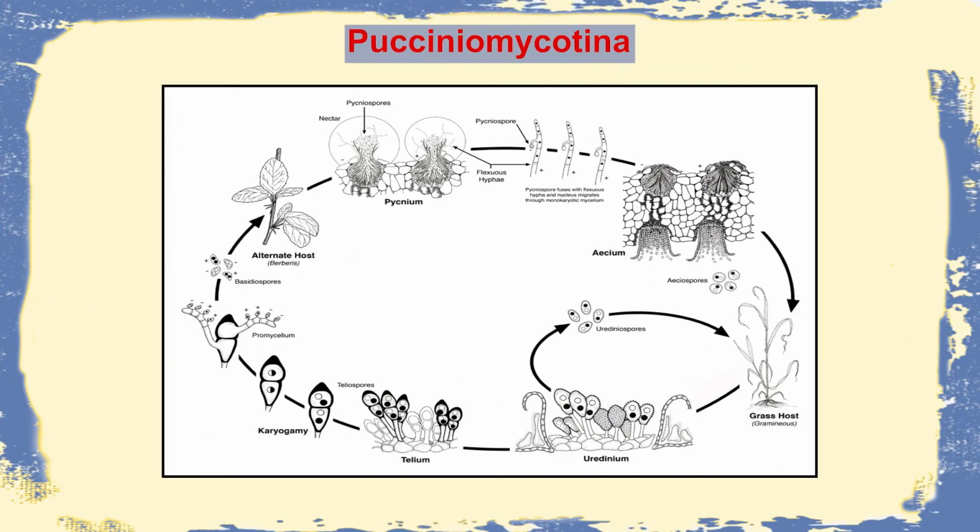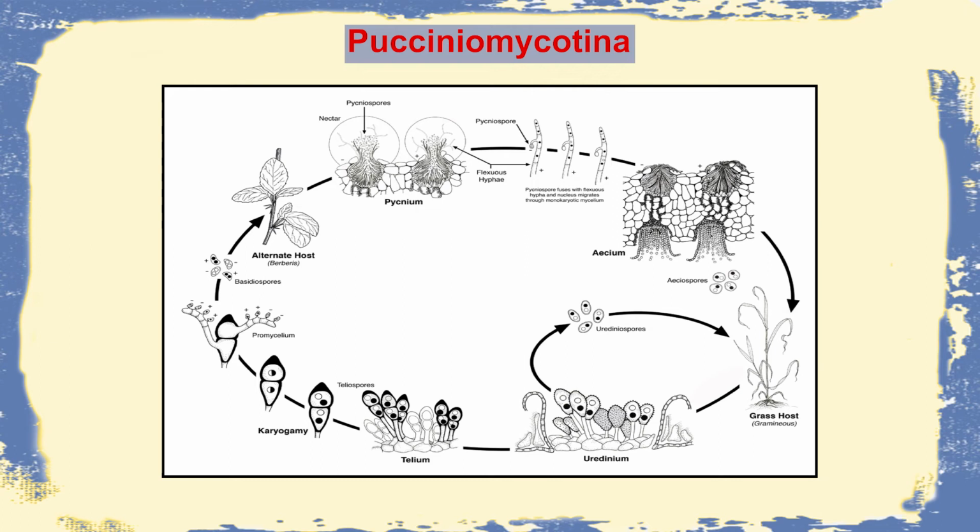The second one is the famous rust fungi, and it is called Pucciniomycotina, and this rust fungi is important because it produces the dreadful disease of black stem rust of wheat. And there are different spore forms growing in two different host plants.